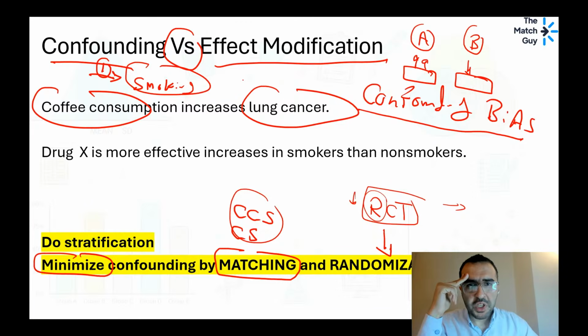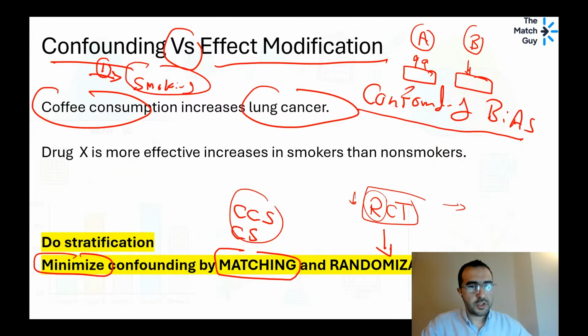All right, what about effect modification? So effect modification, this one is not a bias, okay? It's like a phenomenon that you observe while giving treatment to a certain patient, for example.